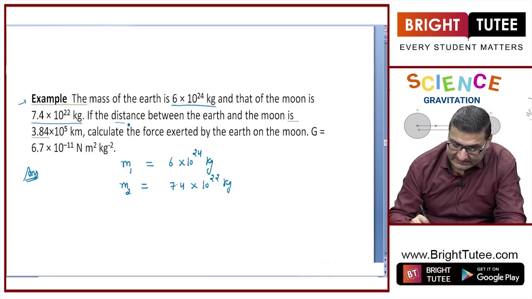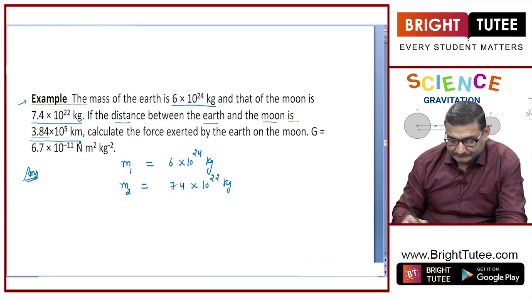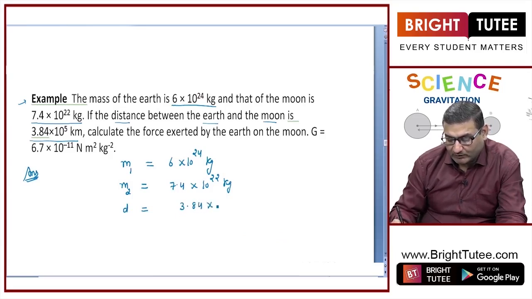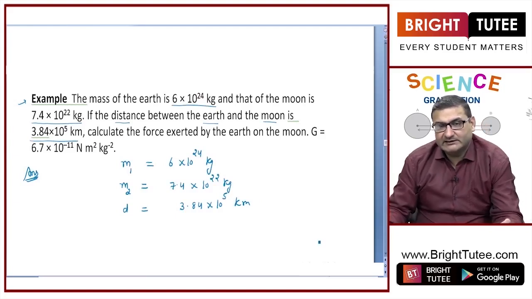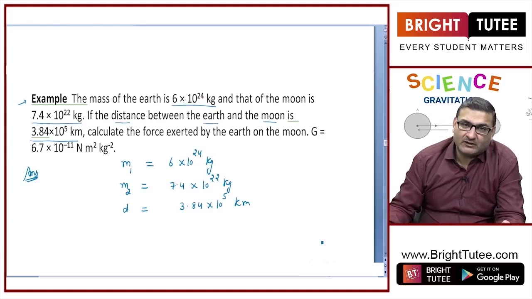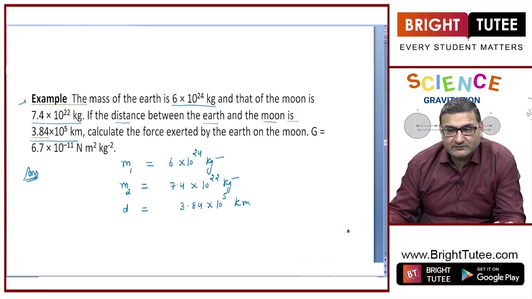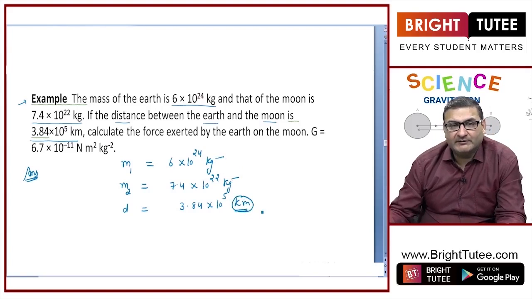The distance between the earth and the moon, denoted by small d, is given to be 3.84 into 10 to the power 5 kilometers. One important thing to remember while calculating these numericals is that the masses will always be given in their SI unit, kilograms, and most of the time the distance will be given in kilometers.